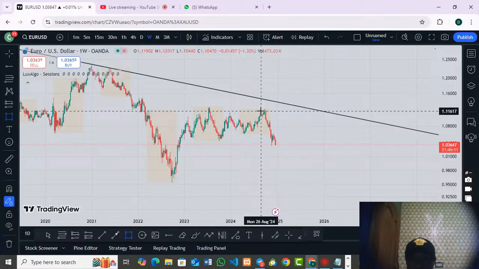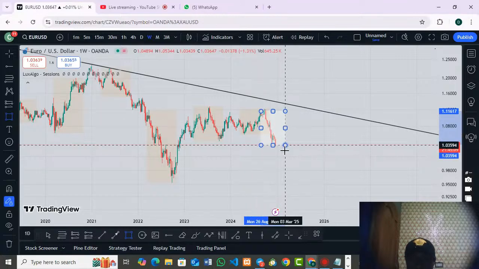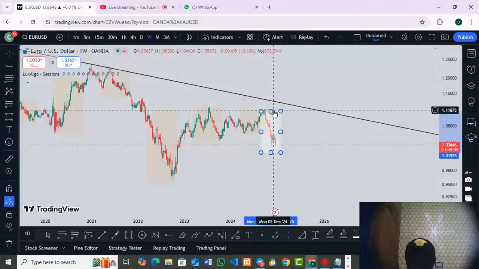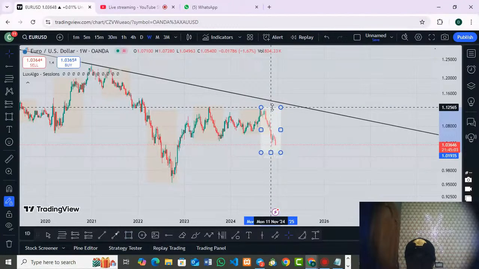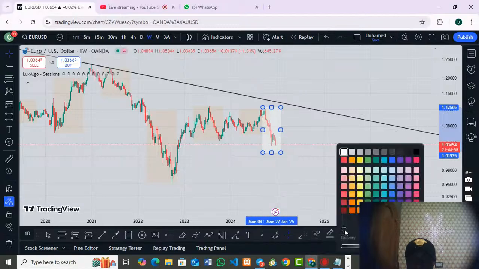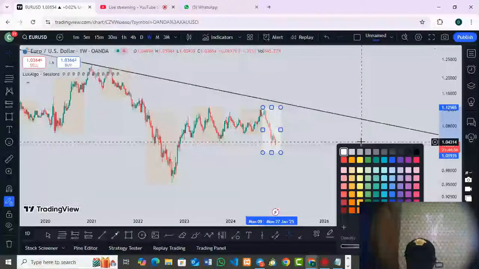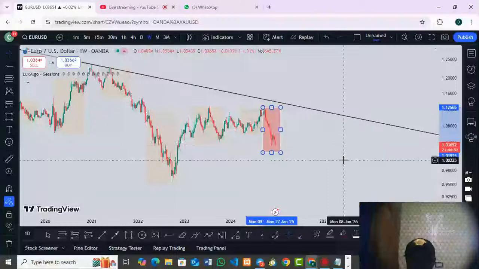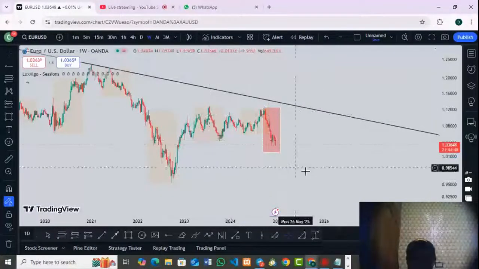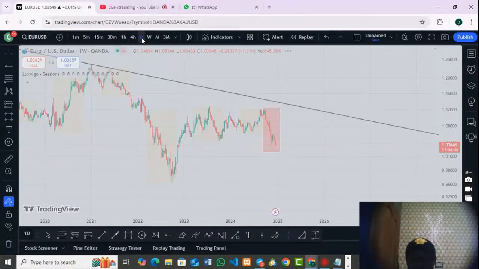So you can put a rectangle over here, then you give it a color like this one. Let's change the color, let's say red color. Then we can scale down to the lower time frame. Then you go to the daily time frame.